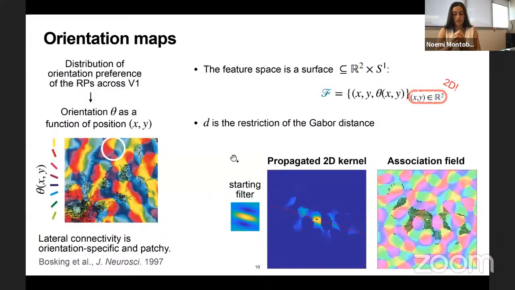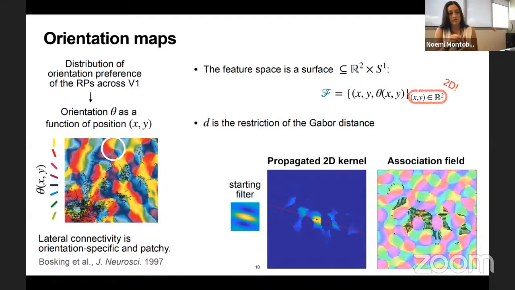Now, taking R2 times S1 as a feature space means assuming that over each point XY, we have a whole fiber of orientations, which implements sort of an ice cube model of V1. But actually, as also Jean was pointing out before, the distribution of orientation preference over the cortical surface is more of a halfway kind of space.